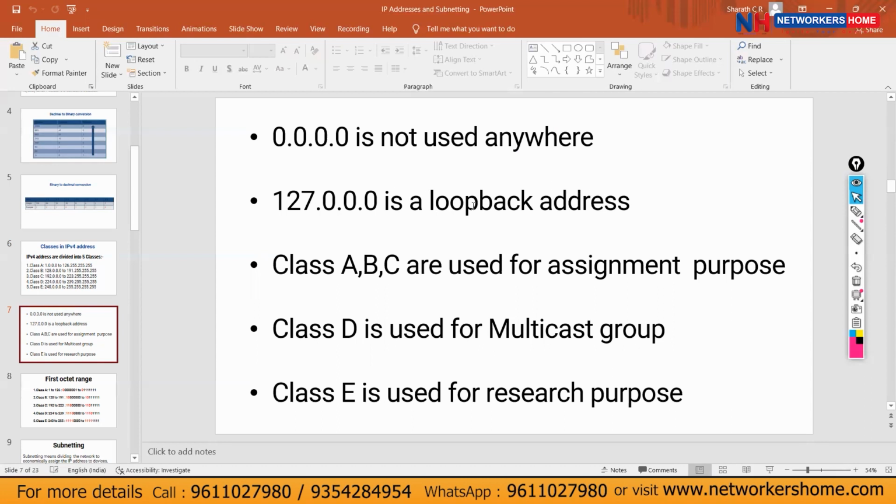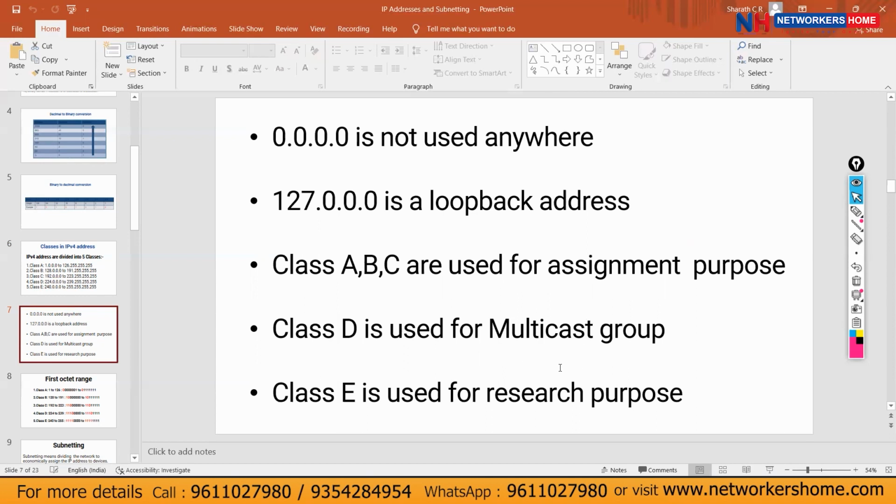What are loopback IP addresses? We will discuss when we start routing protocols. Class A, B, C are used for assignment purposes. Generally, to assign IP addresses to devices in the network, we use the class A, class B, class C IP address ranges. Class D is used for multicast groups. What are multicast groups?